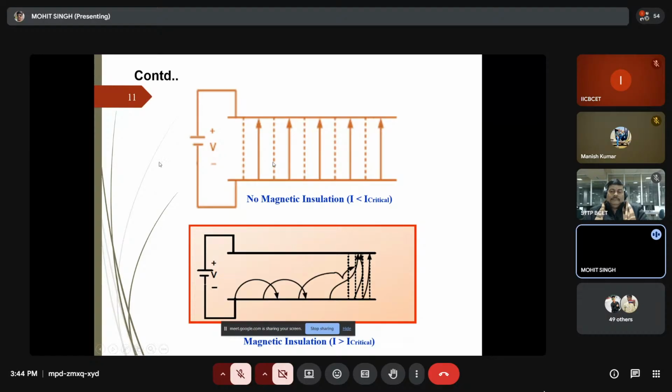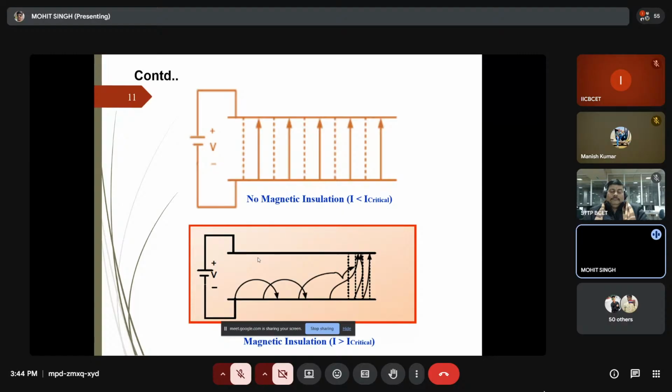You can see the two structures. In the above structure, the electrons emitted from the cathode are reaching the anode, represented by the arrow sign. In the lower diagram, when the current is greater than the critical current, the electrons emitted from the cathode are not reaching the anode. They are bent.